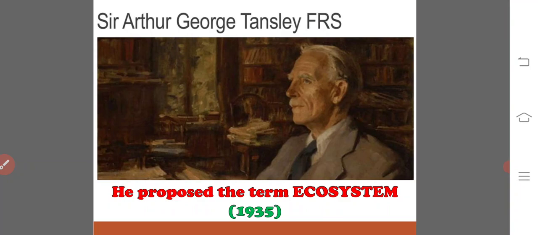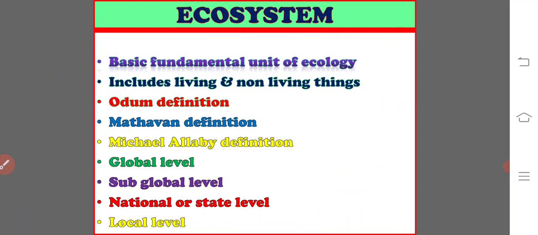According to Odum, he defined the ecosystem as the basic fundamental unit of ecology which includes both the living and non-living environment, each influencing the properties of the other, and each is necessary for the maintenance of the life.